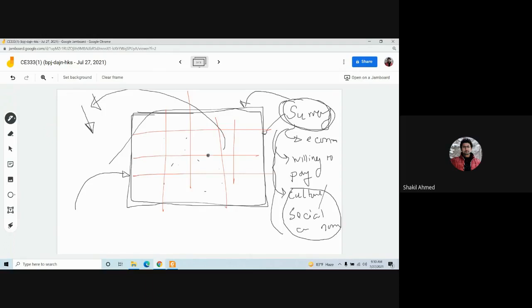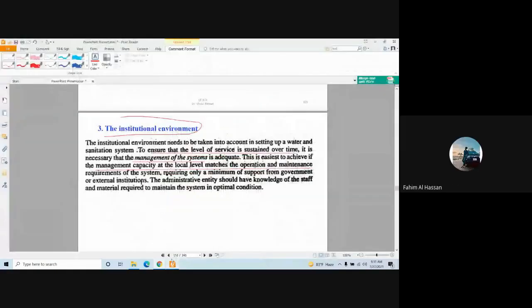If there is a clogging or anything, they are supposed to fix it, and they are responsible to collect money from the users and use this money for maintenance and other purposes. In our case in Dhaka, who is responsible to do this, guys? Dhaka WASA, right? Am I right? Yes, sir. Institutional environment is also important.